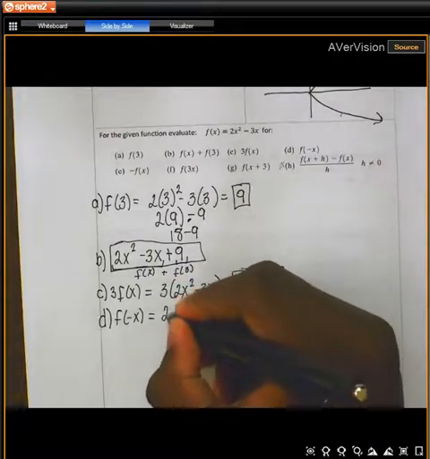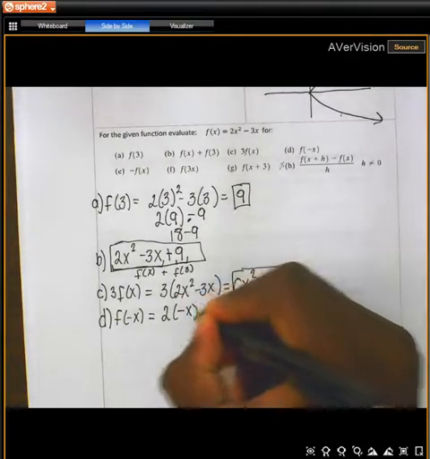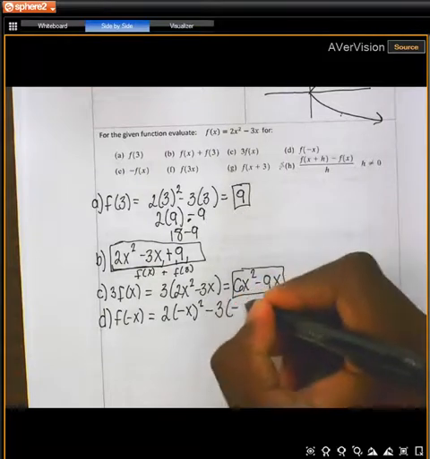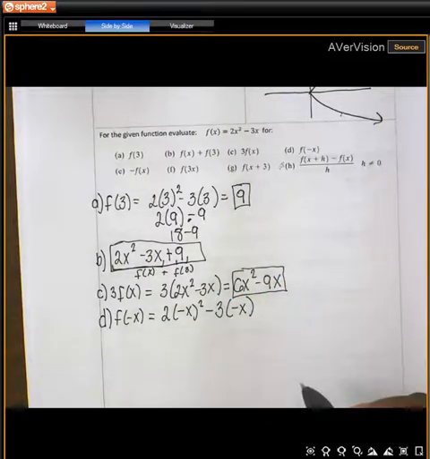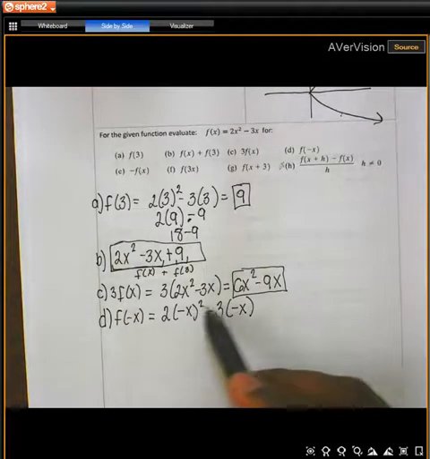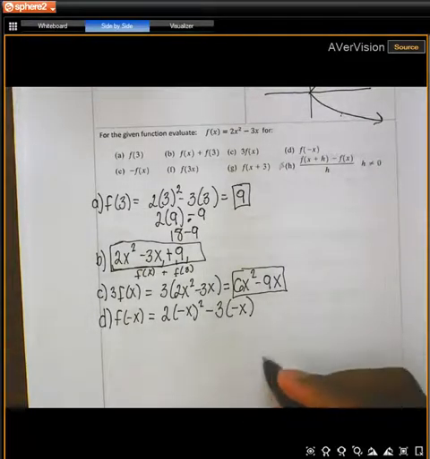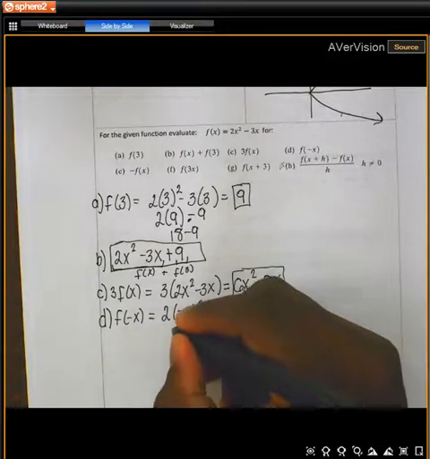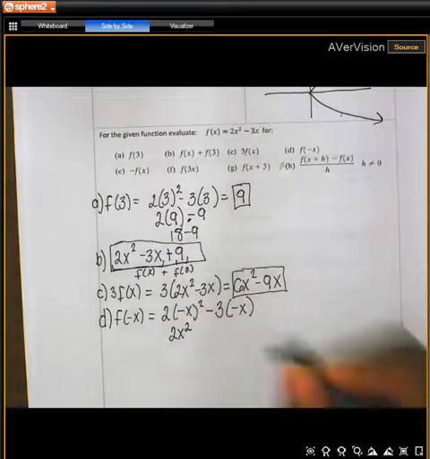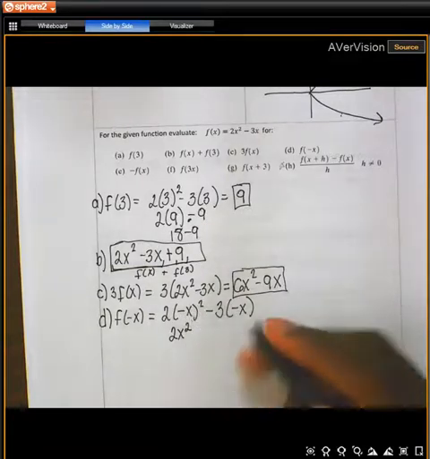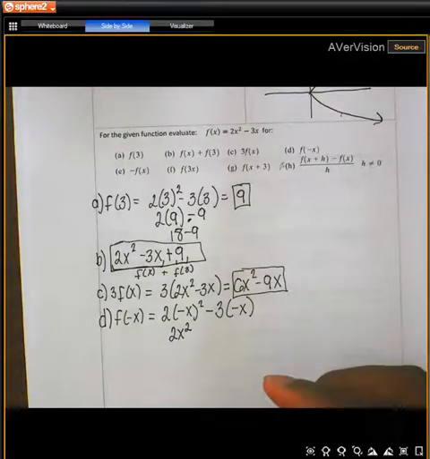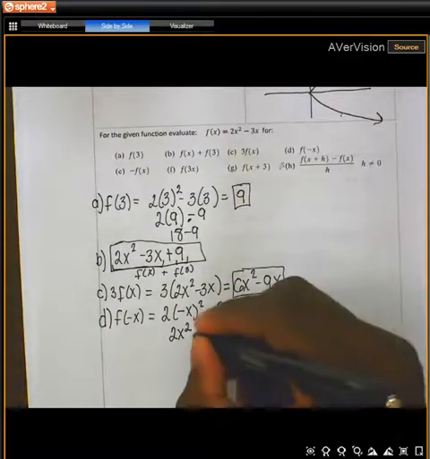So we would have negative x squared instead of just x, and then minus 3 and then negative x. What is negative x squared? Right, it becomes positive x squared. When you square a negative, it becomes positive. What about negative 3 times negative x? Becomes positive 3x.